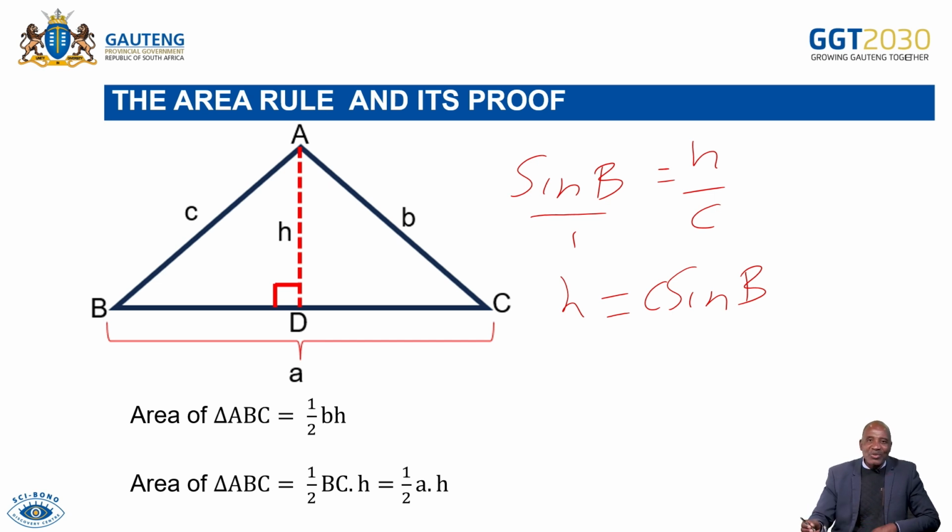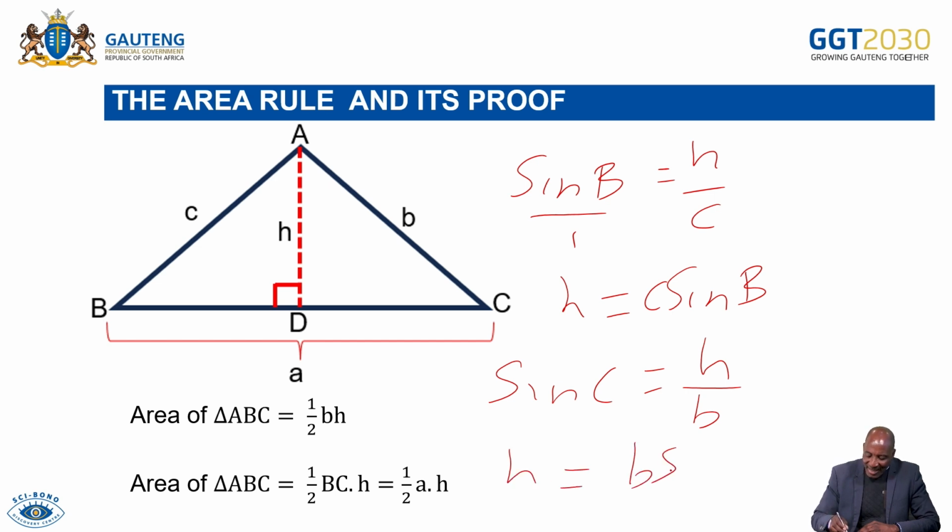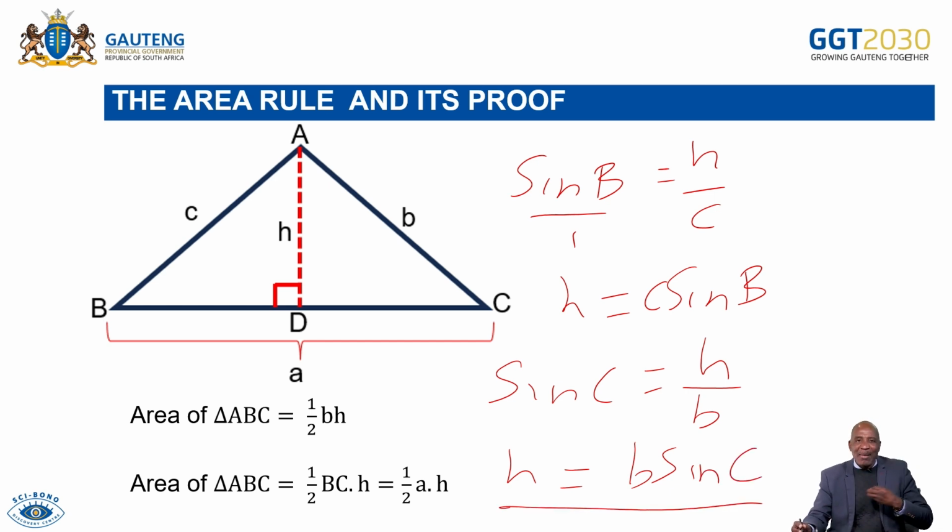The same applies to the other side. In triangle ADC, we can solve for H again from the other side. We say sine of C is equal to opposite over hypotenuse. My hypotenuse is B. Therefore, my H can also be written as B sine of C, like we did earlier on. But this time I'm finding the area, half base times height.